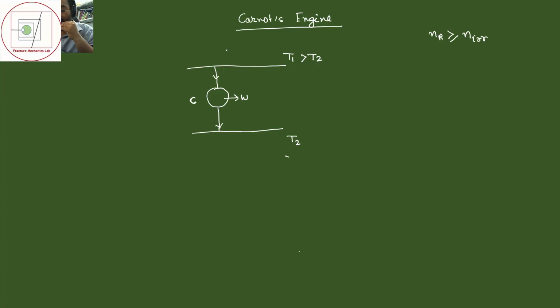So let us call it C. This engine C takes the heat QC1, gives the heat QC2, and of course by the first law of thermodynamics it should be understood that QC1 is greater than QC2, isn't it? Because it will be very weird if you take less heat and give away more heat and also do some work. That is going to be some magical stuff.